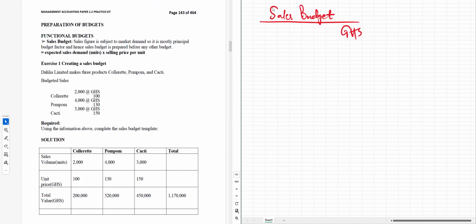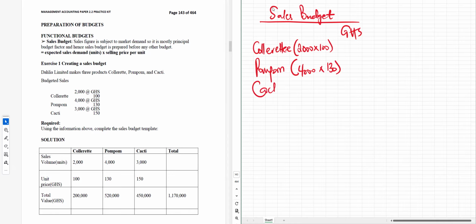So for Dahlia, Colorette was 2,000 cedis at 100 cedis per unit. Pom Pom, that's 4,000 by 130. And then Cacti, that's 3,000 by 150, right?